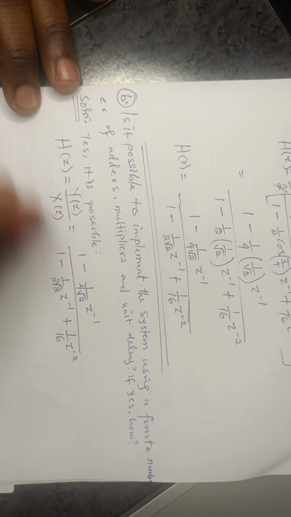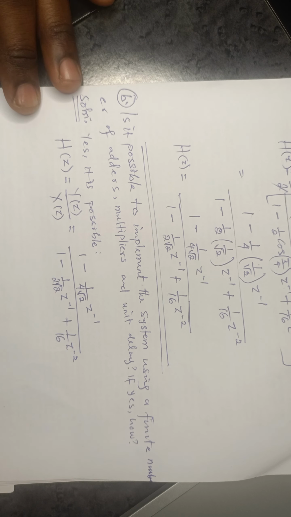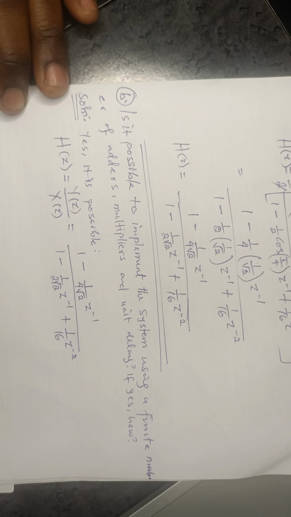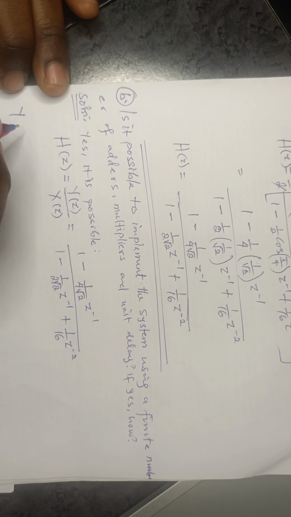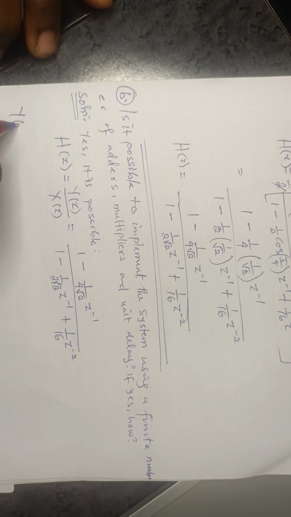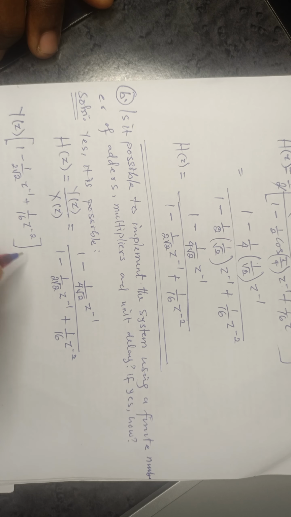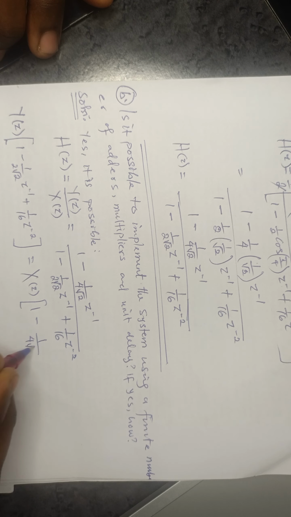So what we just need to do at this point is to cross multiply, so that our Y of z will multiply 1 minus 1 all over 2 root 2 z to the power minus 1 plus 1 over 16 z to the power minus 2, and our X of z will multiply 1 minus 1 all over 4 root 2 z to the power minus 1.